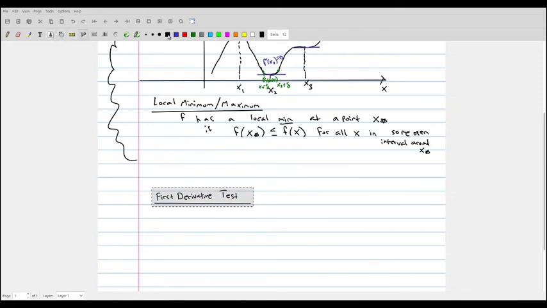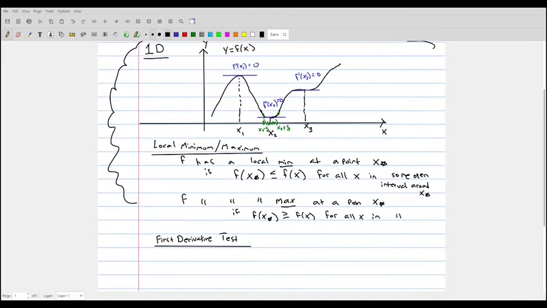So for a local maximum, f has a local maximum at a point x star if the value of the function at x star is greater than or equal to f of x for all x in some open interval around x star.